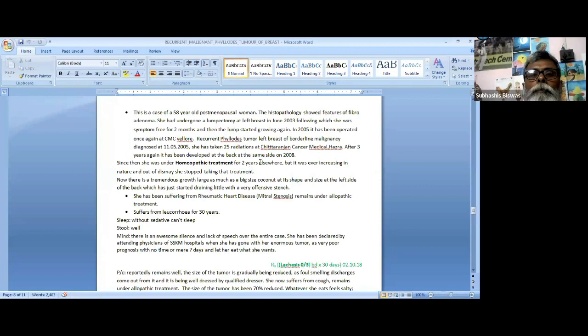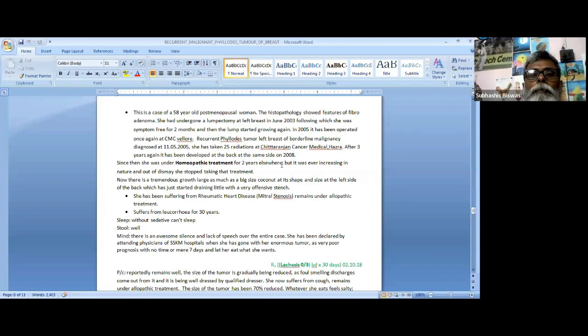She was under homeopathic treatment for 2 years elsewhere, but not under the treatment of her husband. But the treatment was not working, and it was ever increasing in nature, and out of dismay, she stopped taking that treatment.